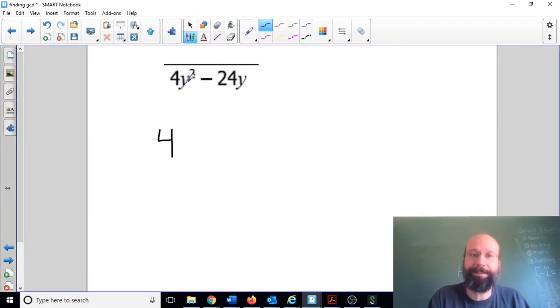And now we have to look at the variables. This is new. You can take out a variable if all the terms have the same variable, and both of these terms have y. So you can take out the smallest exponent. There's an exponent of 2 and an exponent of an imaginary 1 here, so you can take out the small one, that would be a y.